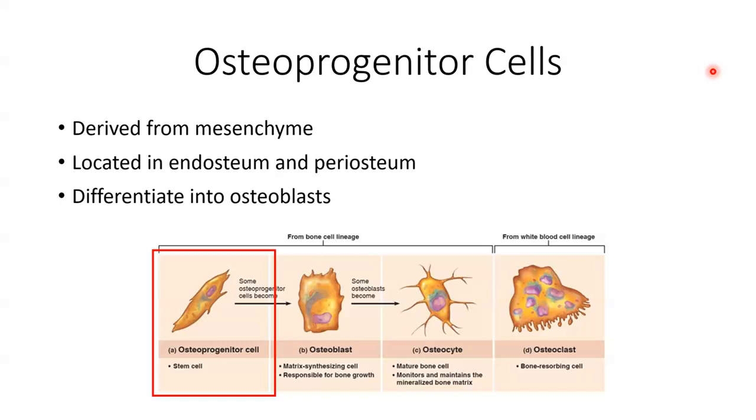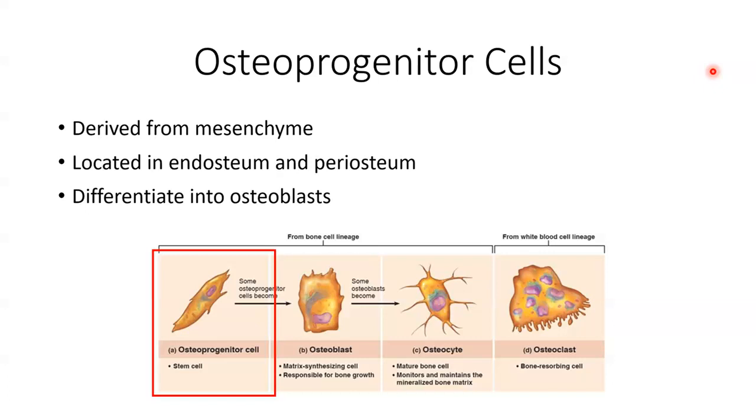Osteoprogenitor cells are located along the inner portion of the periosteum, so the inner layer that surrounds the whole outside of the bone. The endosteum, so the inner layer of the bone that surrounds that medullary cavity, as well as within the canals within bone that contain blood vessels. So we need little tunnels within our bone so that blood vessels can get into the bone, and osteoprogenitor cells will line those little tunnels.